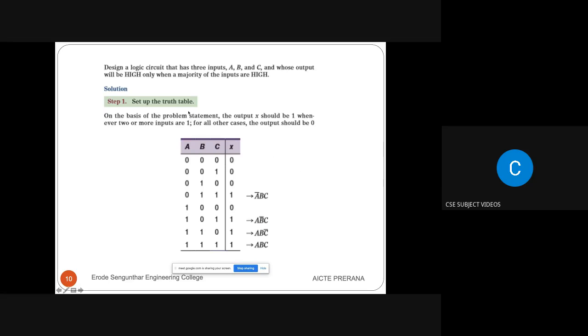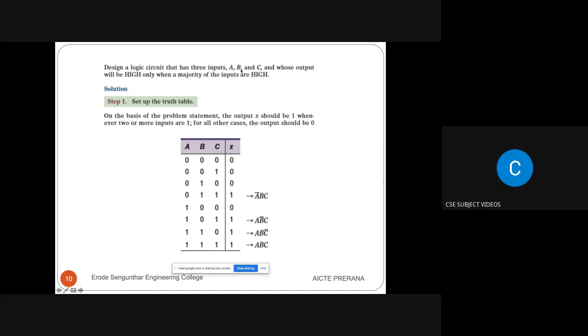Here is an example of a design procedure. A simple example: design a logic circuit that has three inputs A, B and C and whose output will be high only when a majority of the inputs are high. So this is the problem specification given. From this specification, we have to identify the number of inputs and the output.